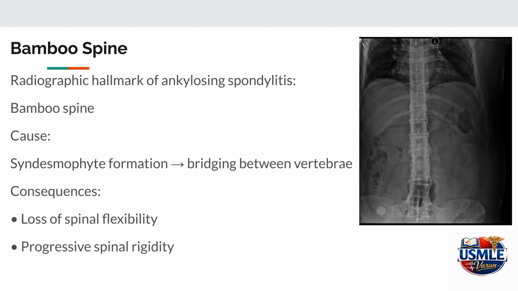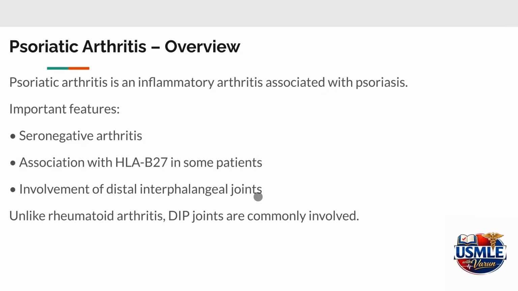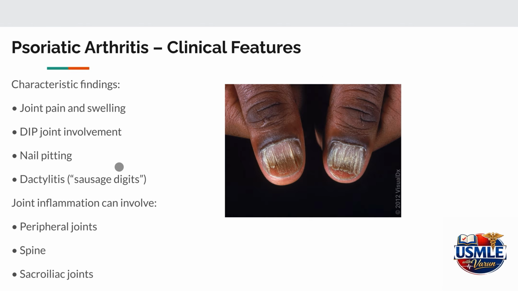Psoriatic arthritis is an inflammatory arthritis that is associated with psoriasis. Like other spondyloarthropathies, it is typically seronegative, meaning the rheumatoid factor is absent. Some patients also show HLA-B27 association. A distinguishing feature is the involvement of the distal interphalangeal joints, which is different from rheumatoid arthritis, where these joints are usually spared.